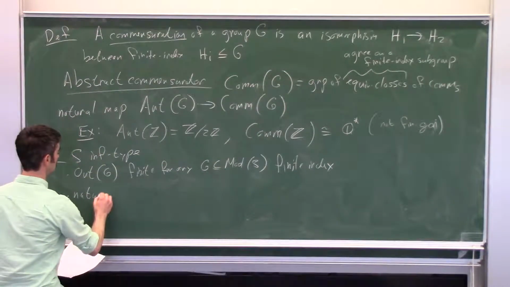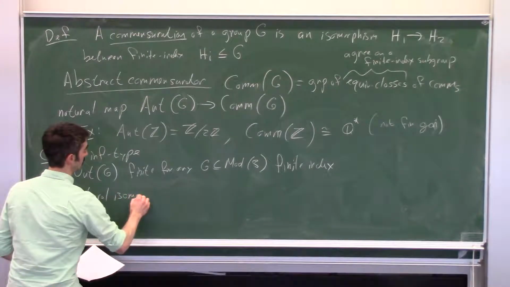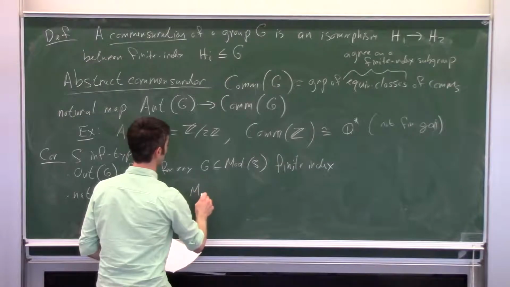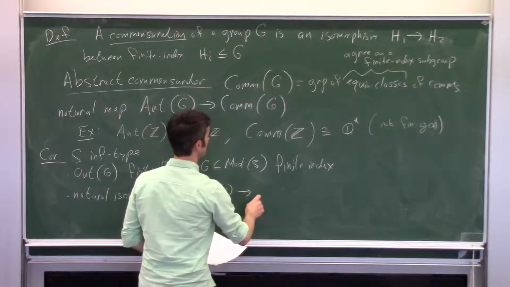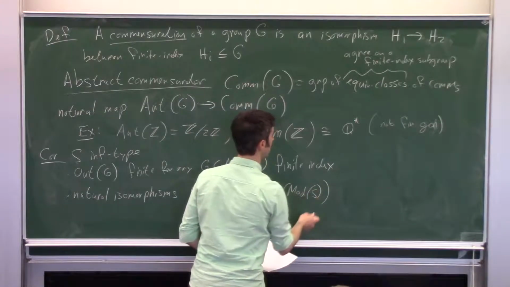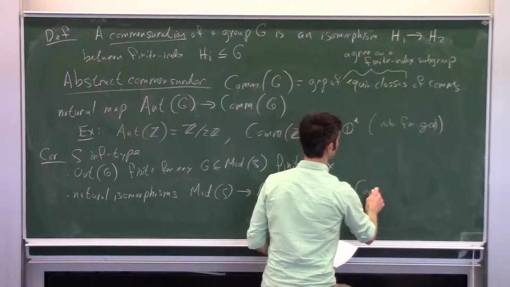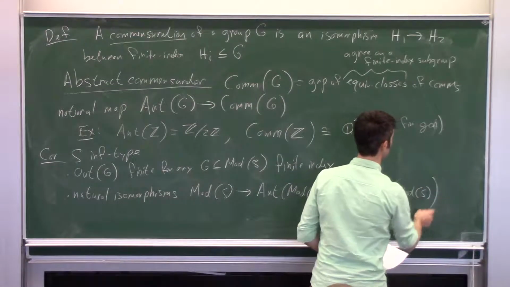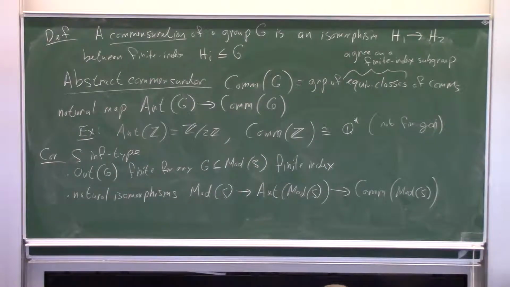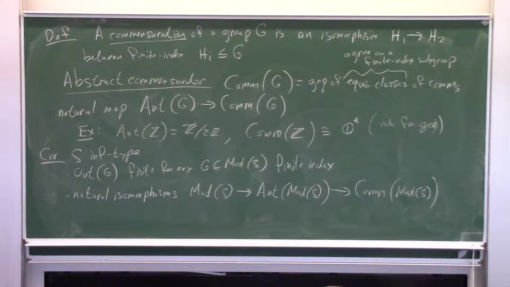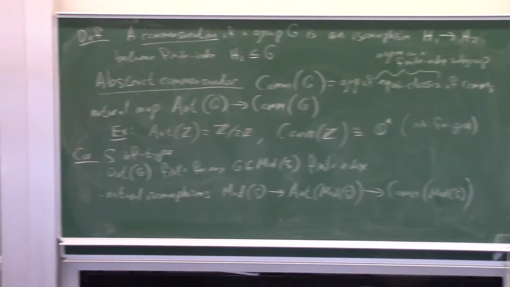So we have natural isomorphisms from the mapping class group to its automorphism group to its abstract commensurator. Okay, so yes, this also answers the first question. It's equal to that.